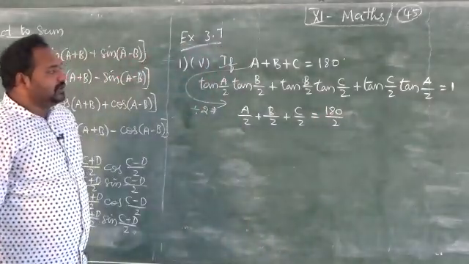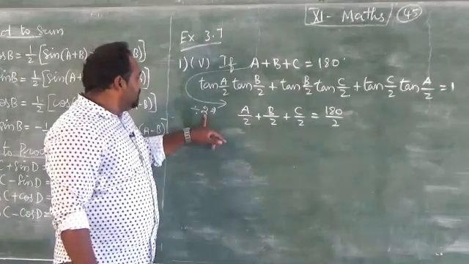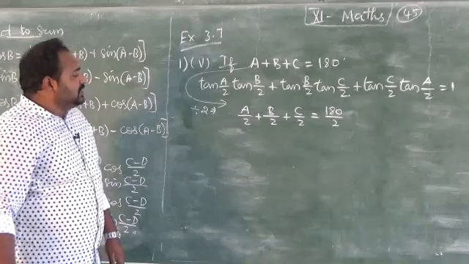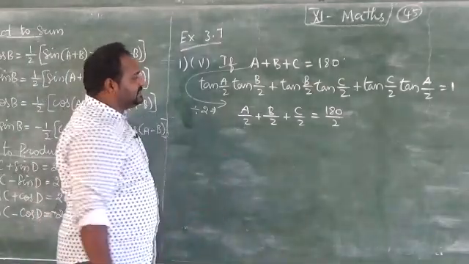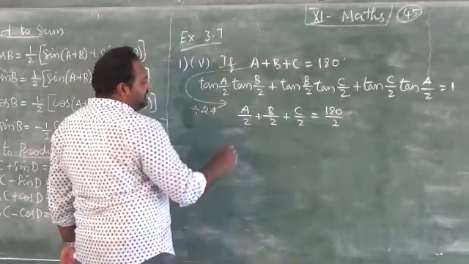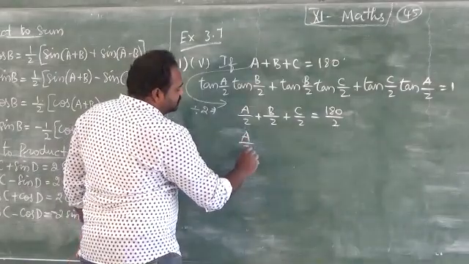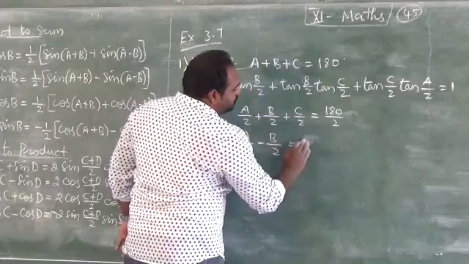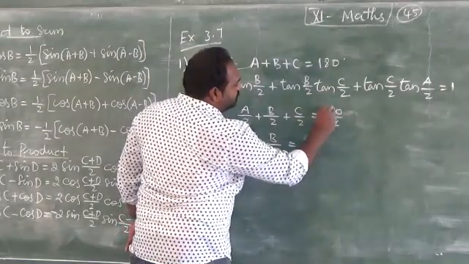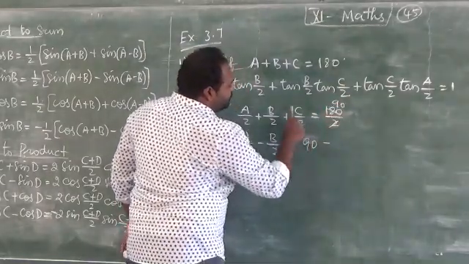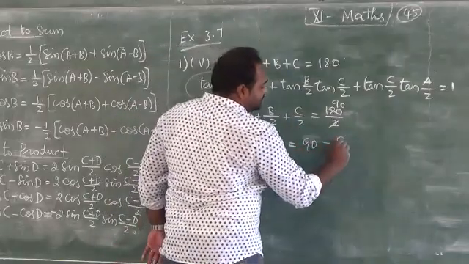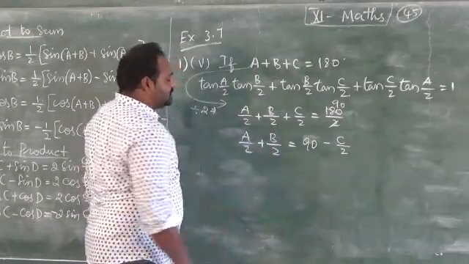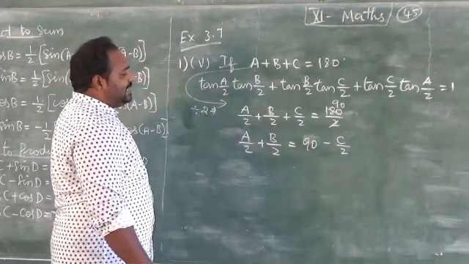Next I am going to take C by 2 to the other side. 180 by 2 is 90. When you bring C by 2 to this side, it is minus C by 2. So A by 2 plus B by 2 equals 90 minus C by 2.